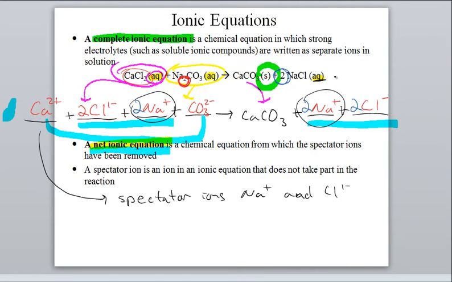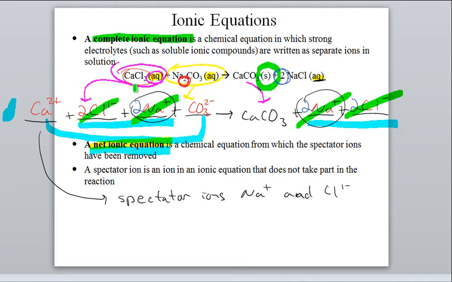It's kind of like a math equation. That's why it's also called a chemical equation and a chemical reaction. So when we go down and write the net equation, we're going to eliminate the spectator ions. 2 sodiums on the reactant side, 2 sodiums on the product side. 2 chlorides on the product side, 2 chlorides on the reactant side.